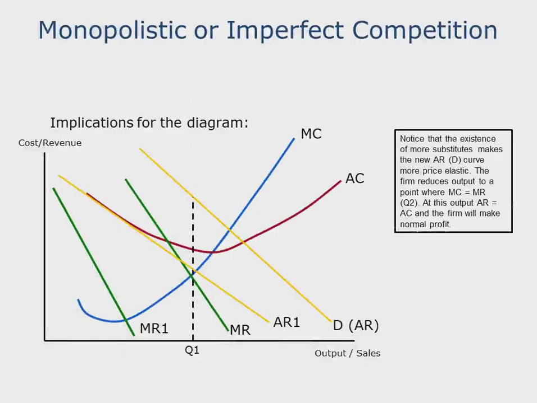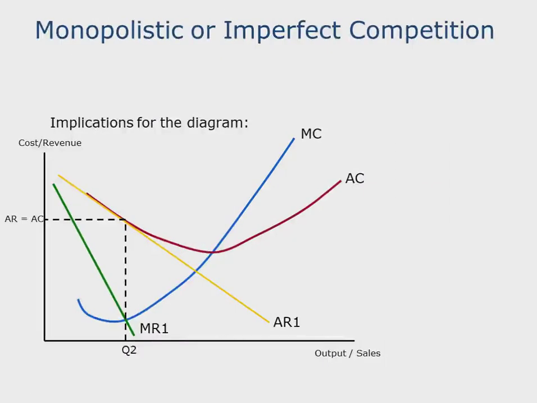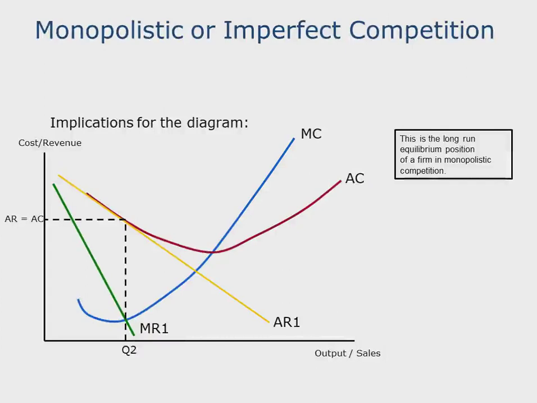So if we do that, we will see that the output level will reduce at that new equilibrium point, and then we see a price being picked there where average revenue is equal to average cost, and that is the long run position. Therefore, in the long run, we see that firms are making normal profit.